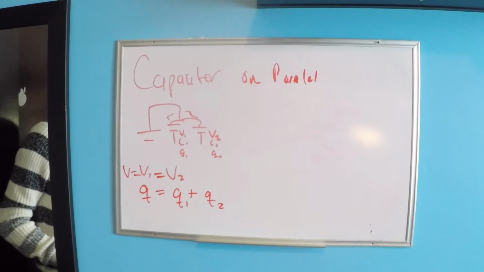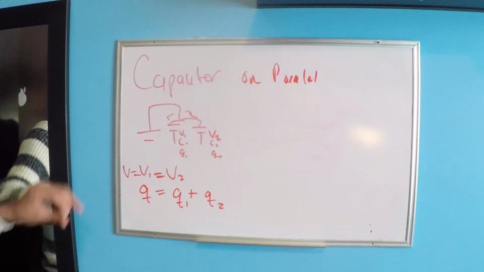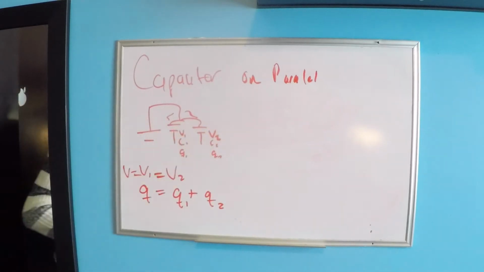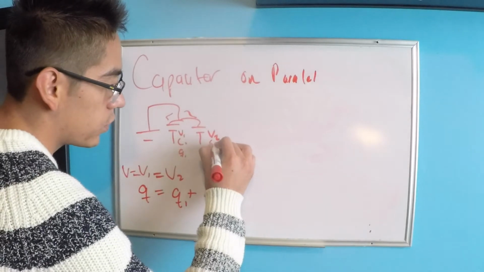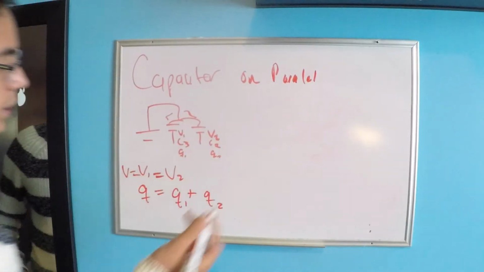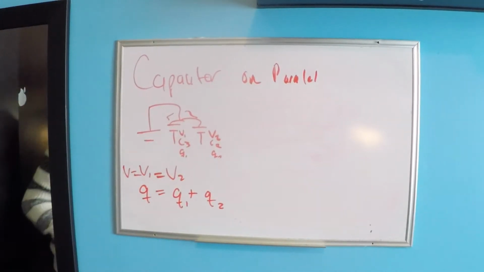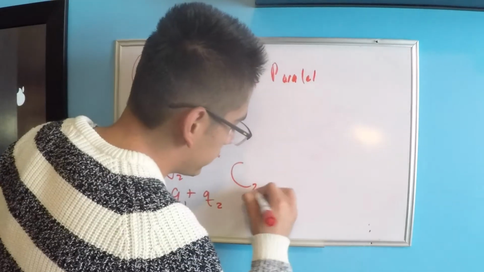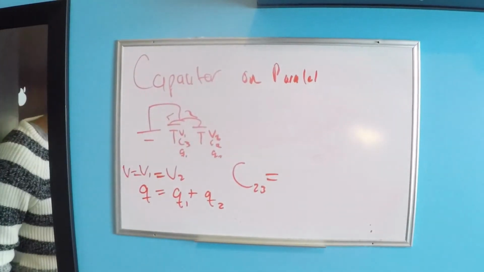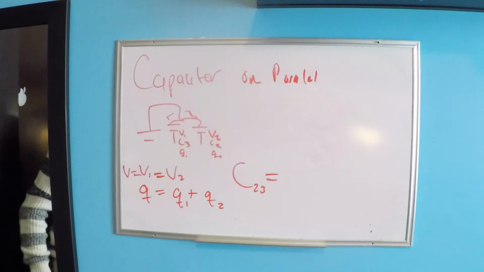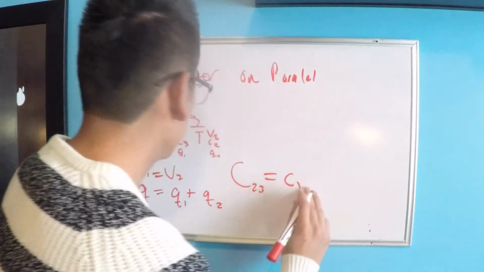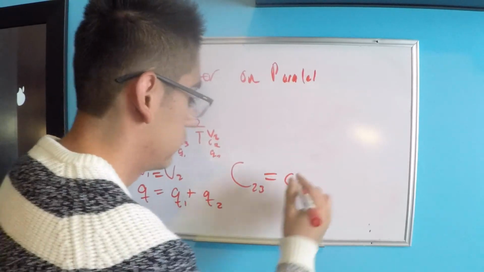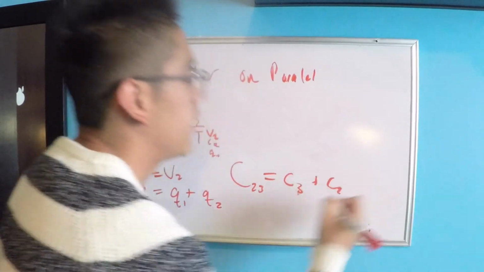Okay, so we have C1 and C2. Oh, there's no C1 and C2. Actually, it's C2 and C3. So I will put just our equivalent C2,3. That is our capacitance. What happened here? Our capacitance is just the sum of C2 and C3.